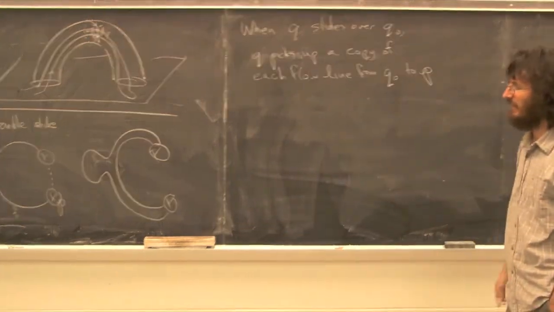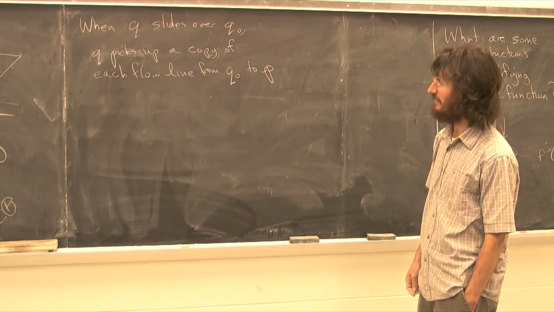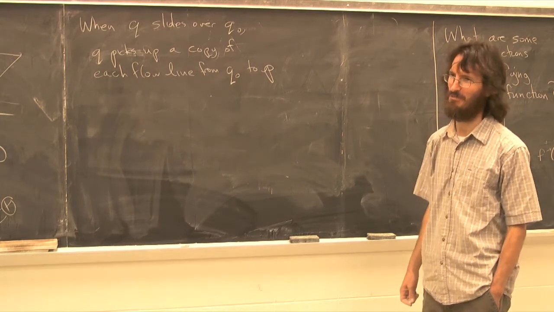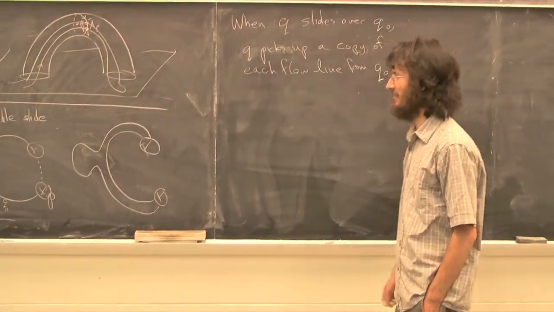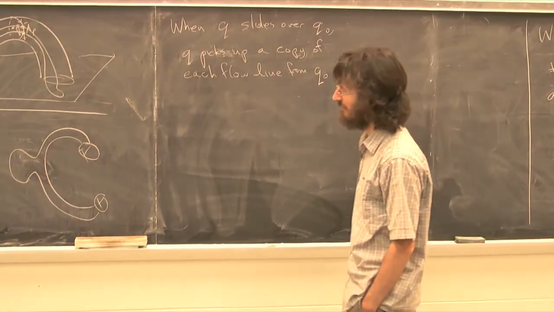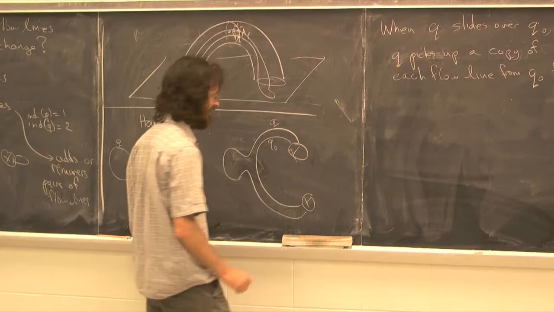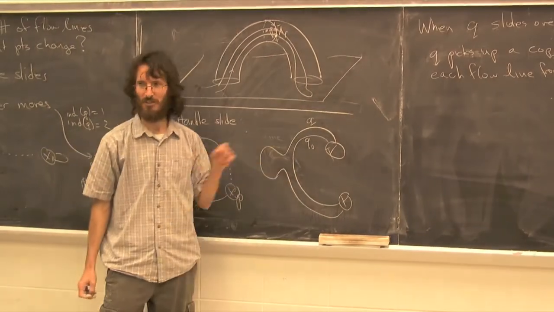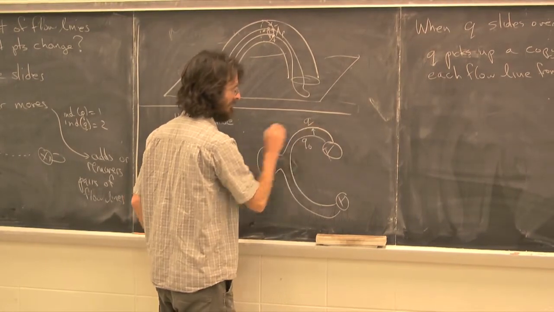Now you might say, that doesn't seem like it could decrease the number of flow lines, right? Except the two of them together can decrease the number of flow lines. So suppose I've got a Q. As a good example, what can I do next? Let me slide Q0 over Q in reverse. Okay, so let me do a slide right there, for example.